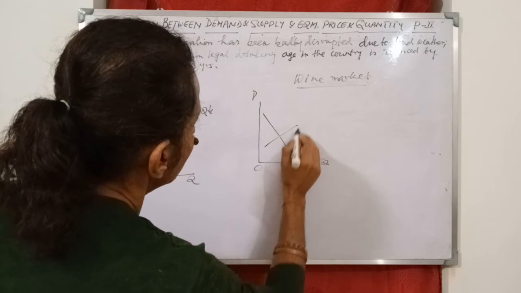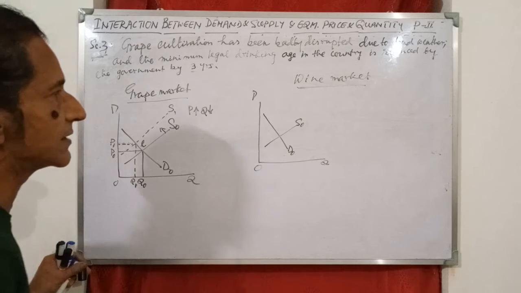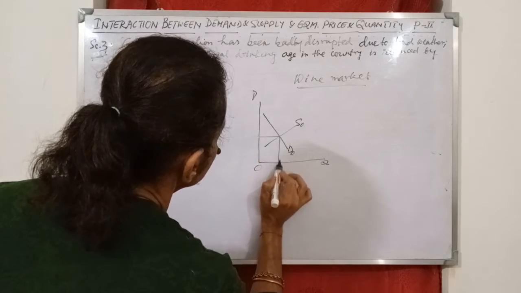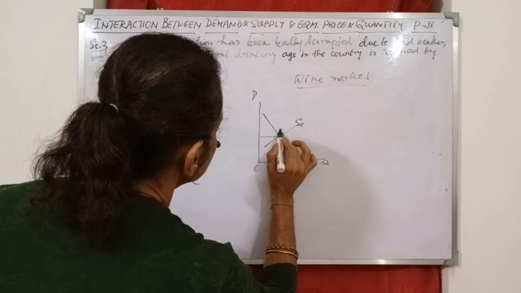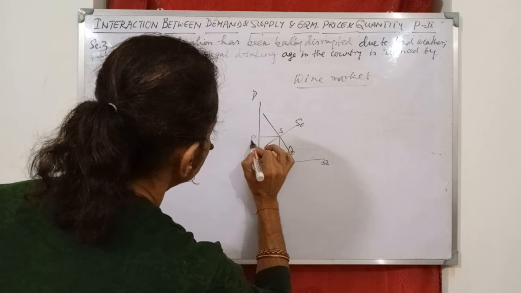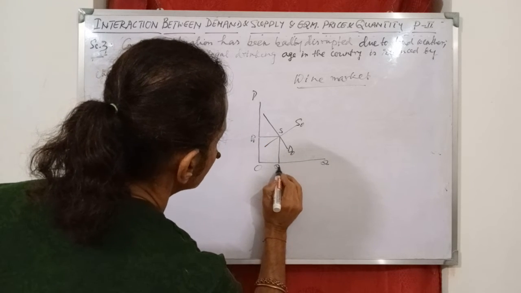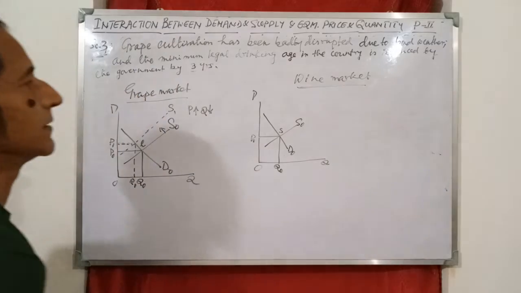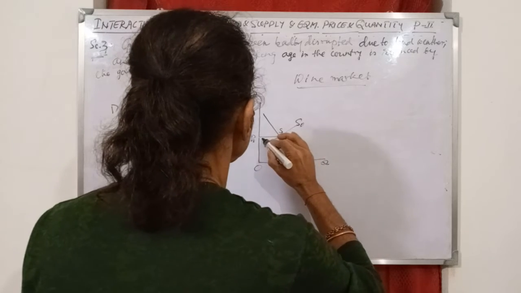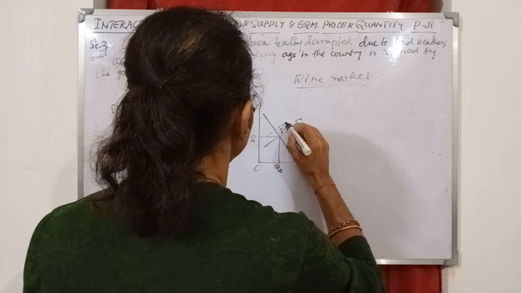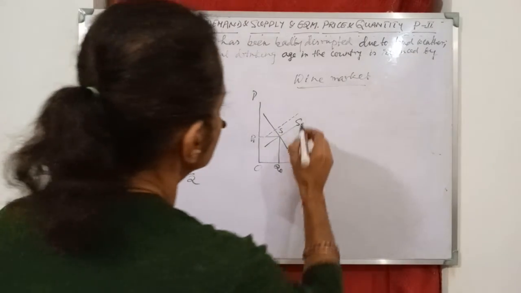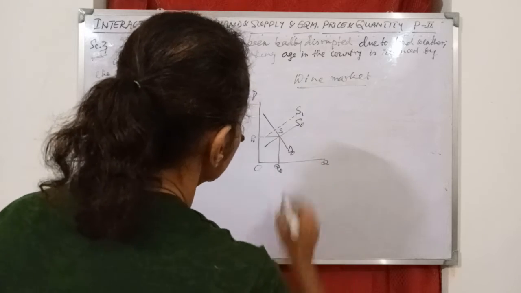Let D sub 0 and S sub 0 be the demand curve and supply curve respectively, and let them intersect at point S. So the equilibrium price is P sub 0 and the equilibrium quantity is Q sub 0. Now the supply curve is shifting leftward. As a result of falling supply of one input, production of wine has fallen. So the new supply curve is S sub 1.